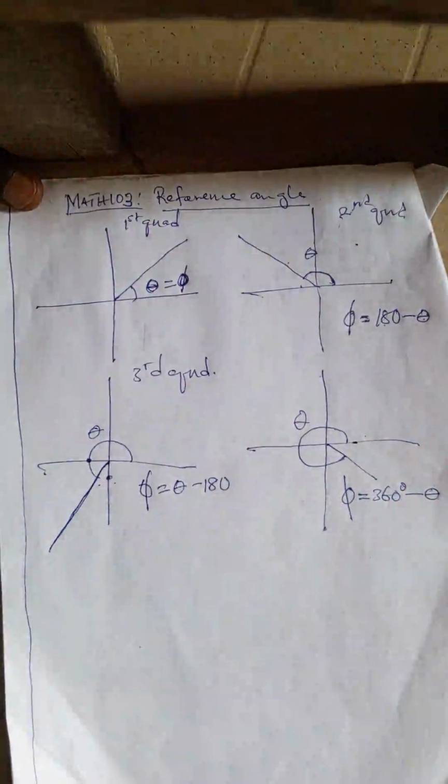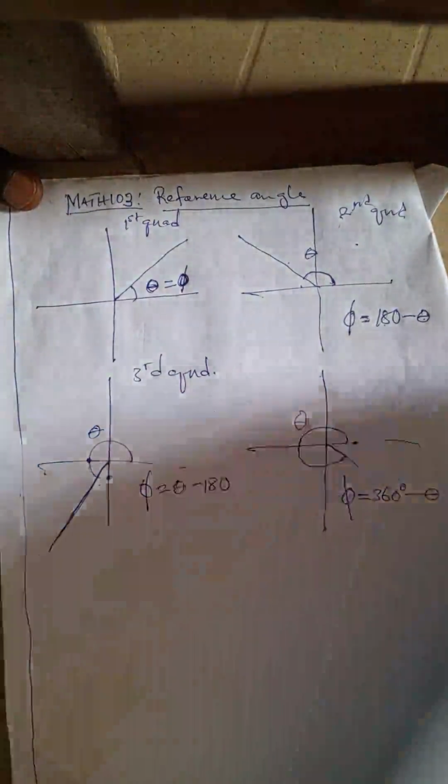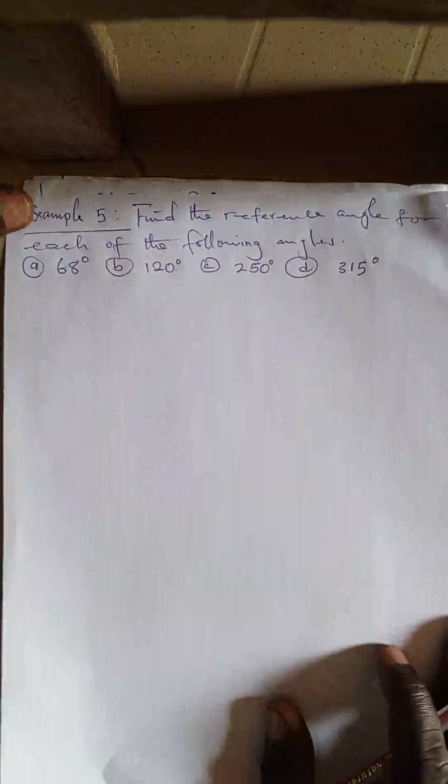And here with us is an example to find the reference angle. The example is saying, find the reference angle for each of the following angles. The angles given are 68, 120, 250, and 315.